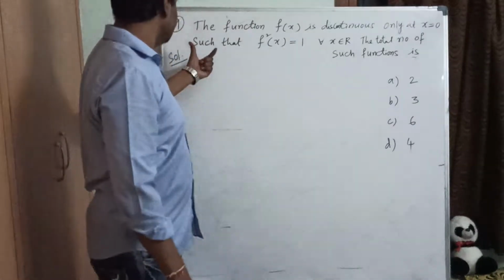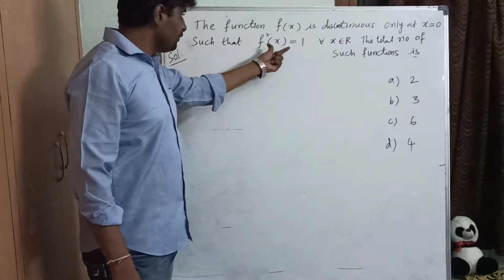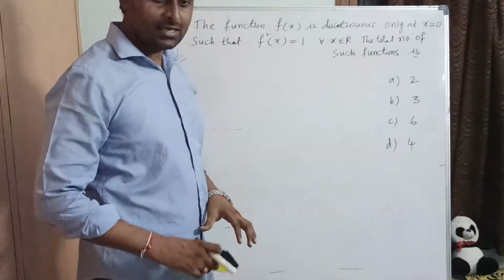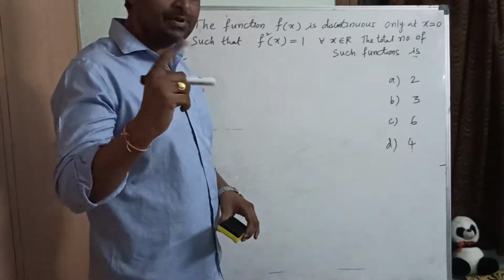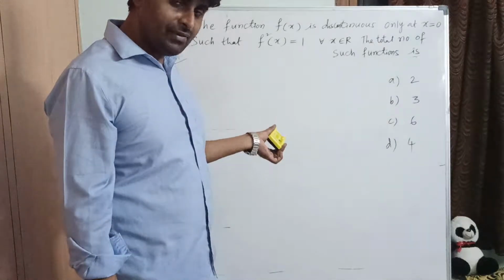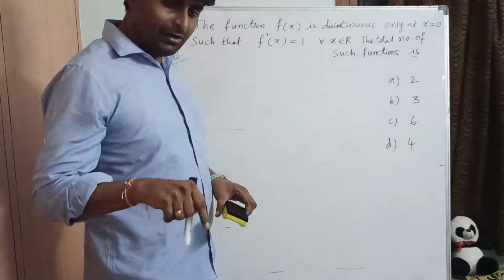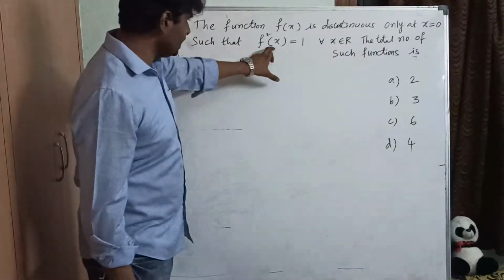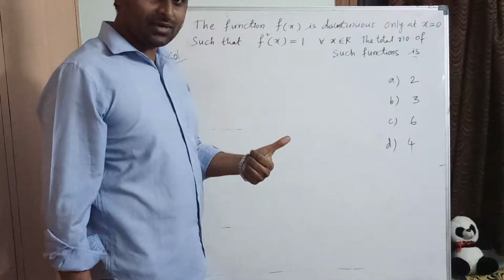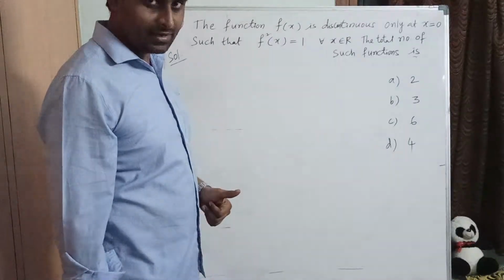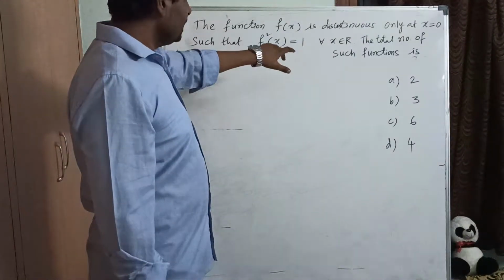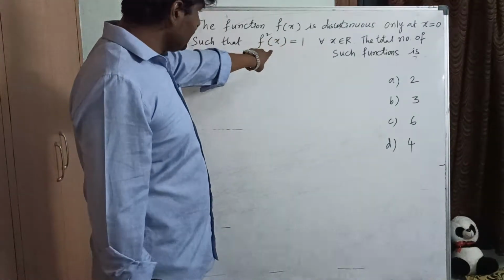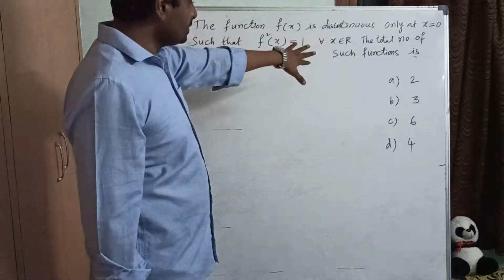Now, second thing, such that f square of x equals 1, meaning the function square must be 1. When can that be possible? When our function gives us plus or minus 1, correct or not? When our function is plus 1 or minus 1, then its square is obviously 1, correct? Such that f square of x equals 1 for all x belongs to R.